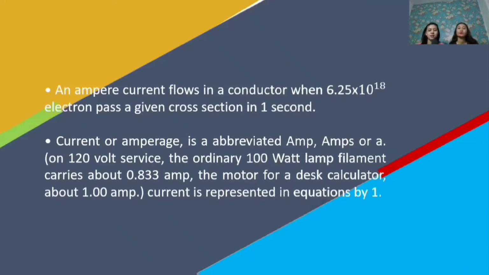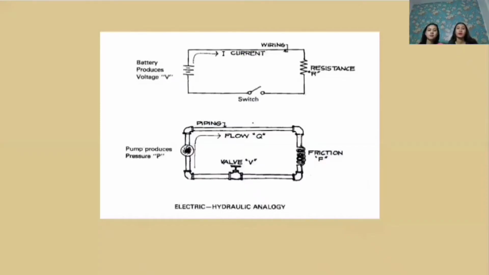So let's proceed. These are the figures of the hydraulic analogy. The processes in play in electronics are invisible and often difficult to demonstrate, so various electronic components are represented by this analogy. For example, the switch goes to the battery, which produces voltage, and the current goes to the resistance and goes back to the switch.